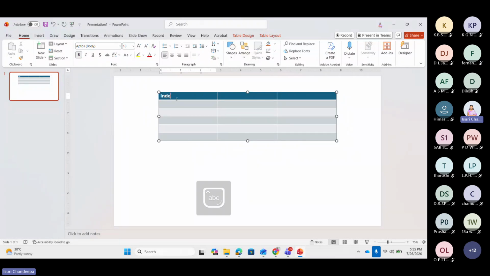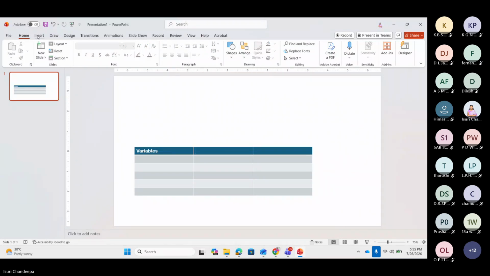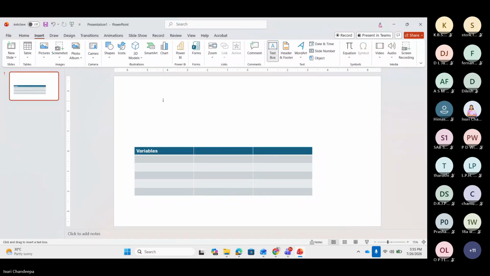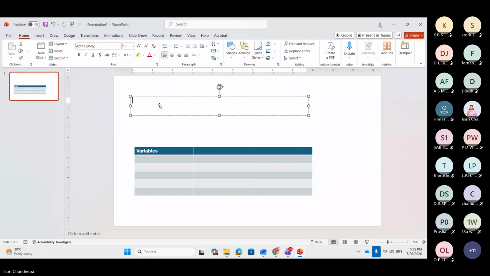Independent variables. You identify the variables. Based on that, for example, I will develop my research regarding corporate governance and financial performance.